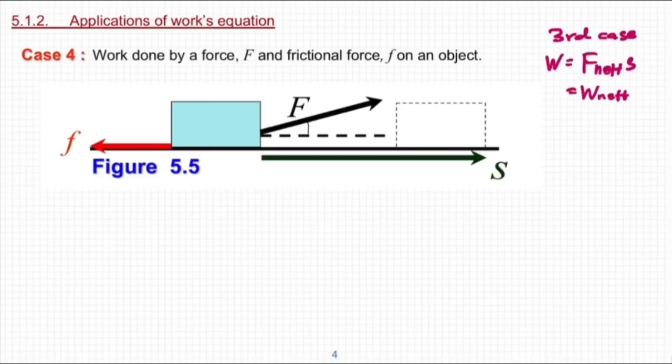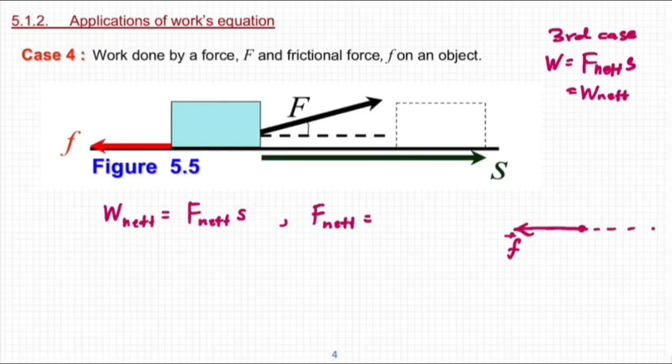Using that formula, net work is equal to F net S, and then what we have to do is find F net. This is where we have to apply the things we have learned in chapter 4. So in this case, we have two forces.